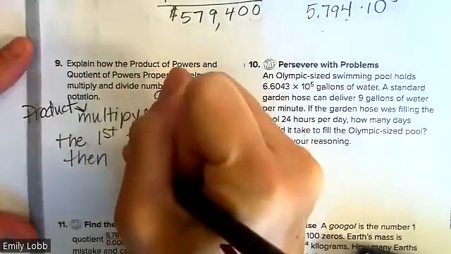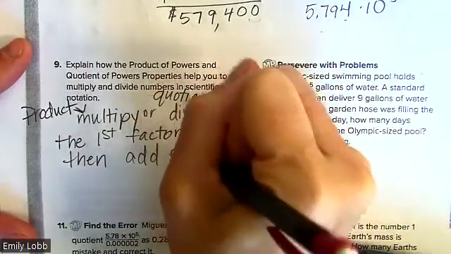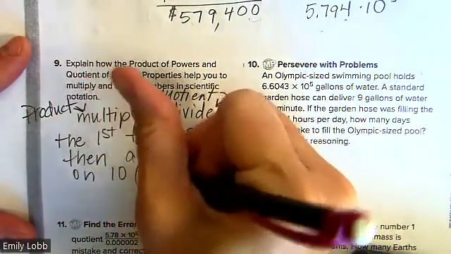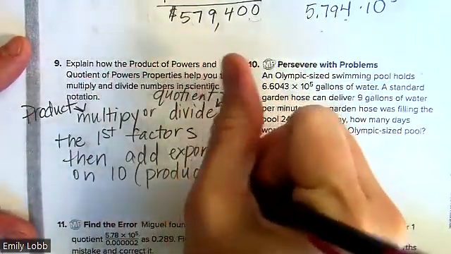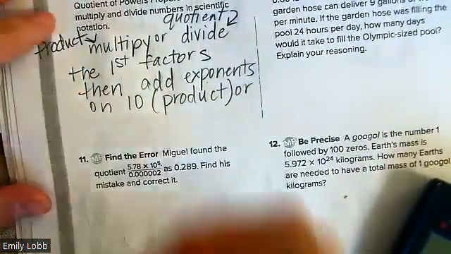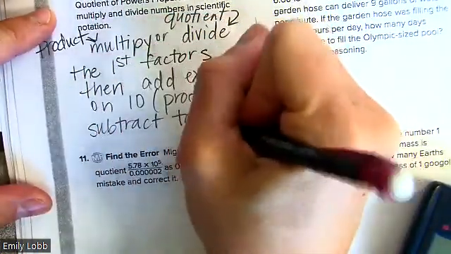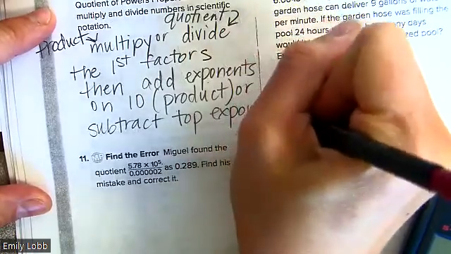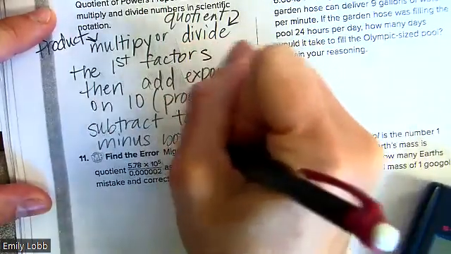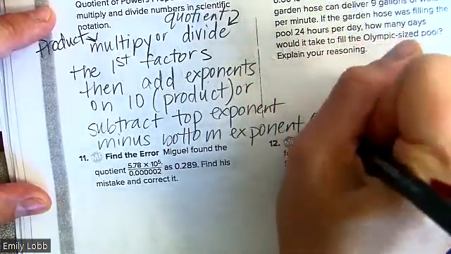Then we would either add the exponents on 10 if it was the product, or what would we do? Subtract top exponent minus bottom exponent for quotient. Make sure you know how to do this.